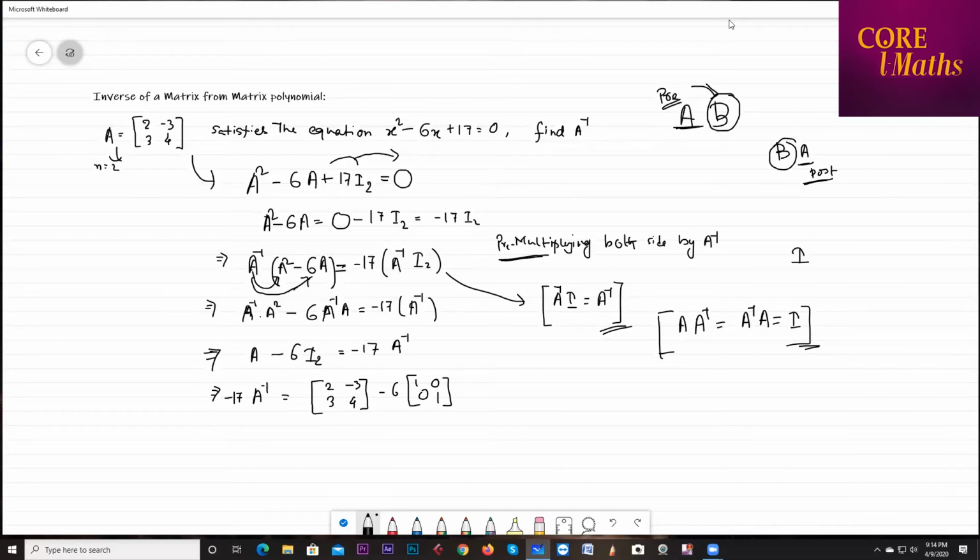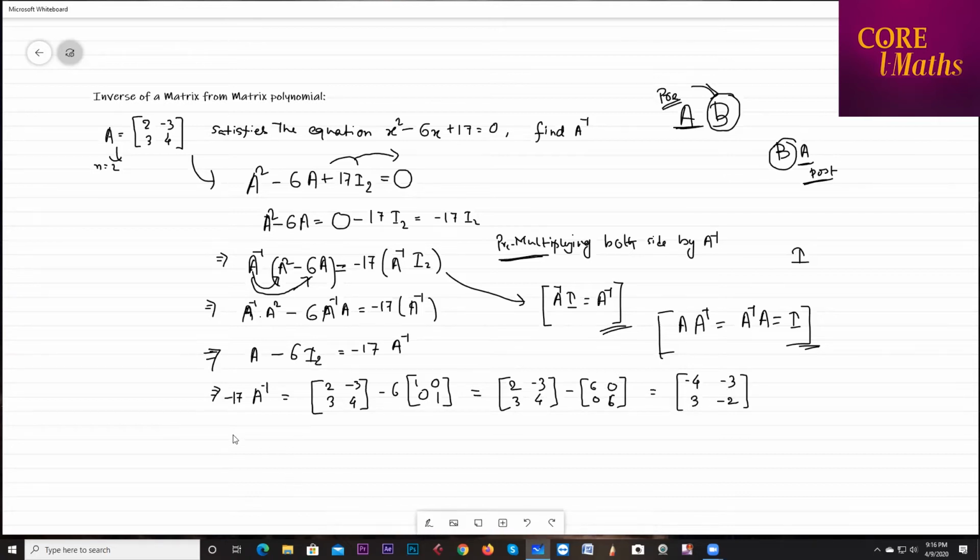Now just calculate here: 2 minus 3, 3 4 minus, this is the scalar multiplication, 6 0 0 6, and the result is minus 4, minus 3, 3, and minus 2.